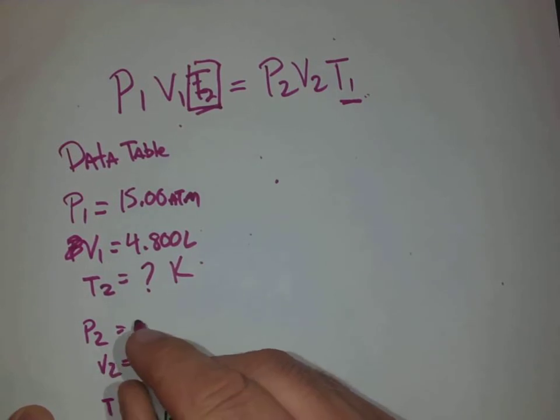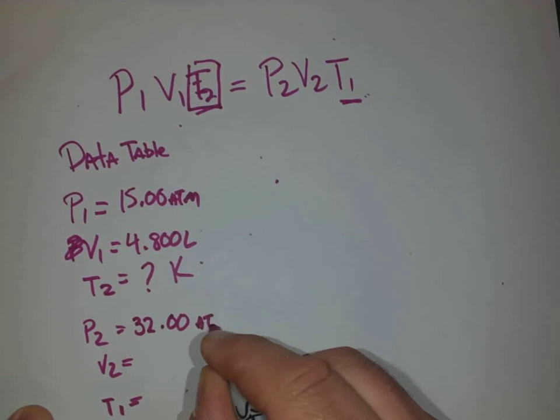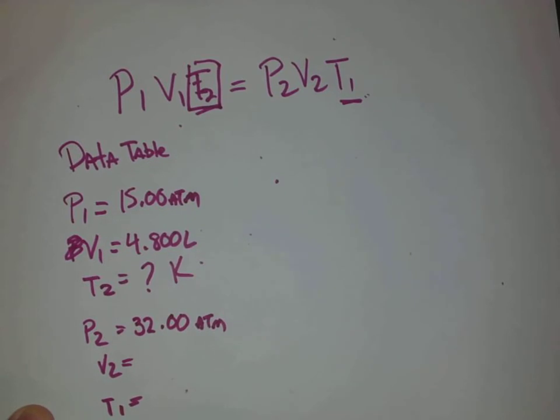We said that the pressure was increased to 32 atm, and the volume was decreased to 1.575 liters, and the new temperature was 29.65. Again, putting that into Kelvin, we'll add 273.15. Again, two places behind the decimal because it should come out to 302.80.